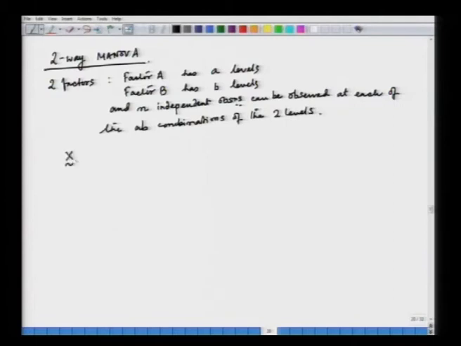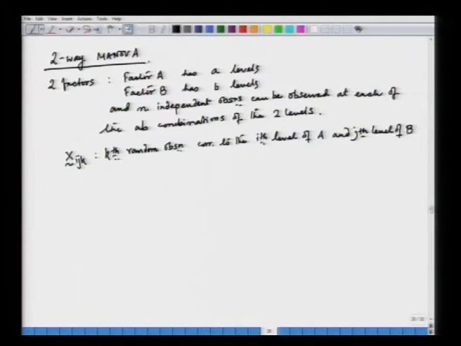So, my data vector x, i, j, k, I need a third subscript, and this is nothing but the kth random vector or random observation corresponding to the ith level of factor A and jth level of B. That is the situation I have, and that is why there are 3 subscripts i, j and k.